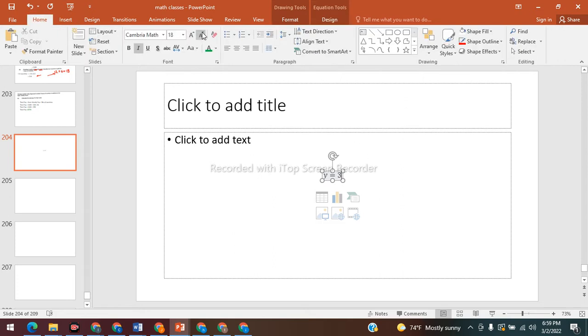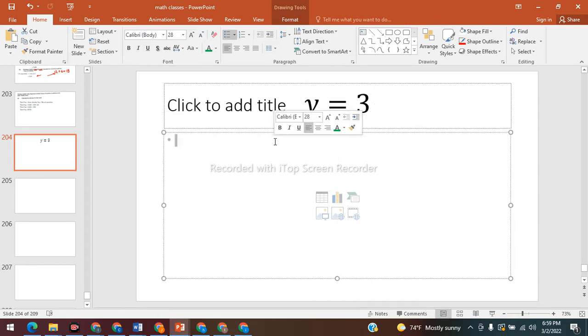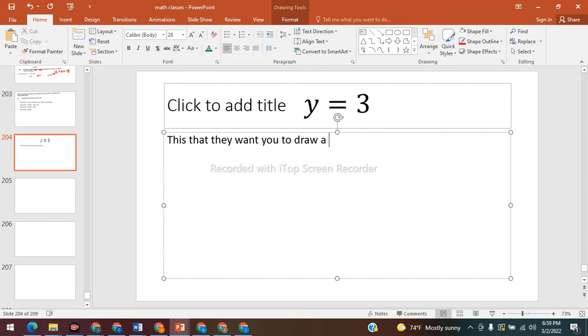If we have a line y equals to 3, this means that they want you to draw a horizontal line. So if it's y equals to something, we know it's a horizontal line.